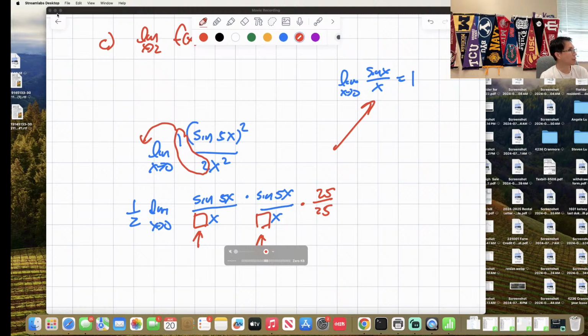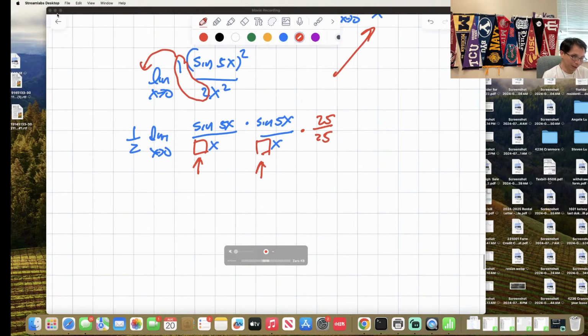I'm not changing the thing, just the way it looks. So I can say that's 1/2 limit as x approaches 0, and I'm going to take the 25 outside in the front. Is that okay? And the 25 on the bottom is going to go inside. So it'll be sine of 5x over 5x times sine of 5x over 5x, which is equal to 25 over 2.